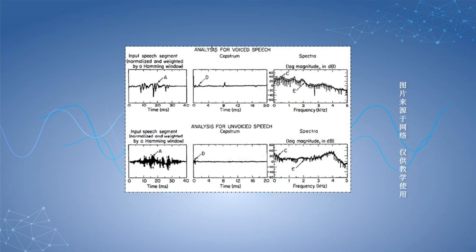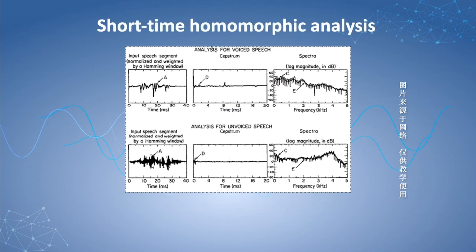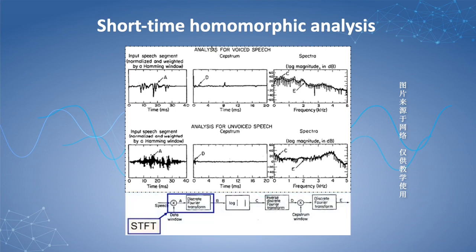The figure shows short-time homomorphic analysis of voiced and unvoiced speech. In the flowchart, position A is the input speech segment, normalized and weighted by a Hamming window. Position D is the cepstrum. Position C is the log magnitude of the original spectrum.